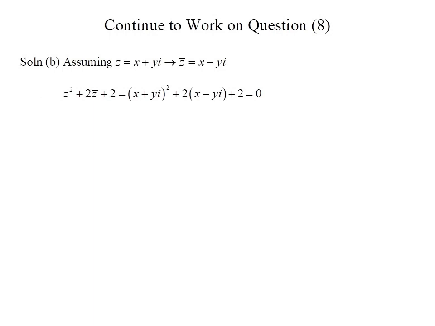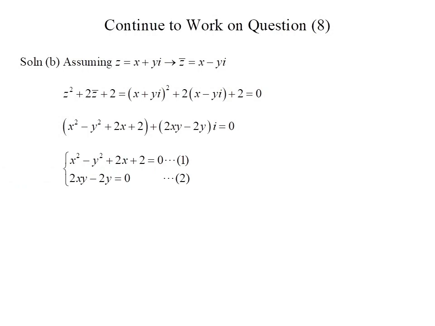Since z squared plus 2 times the conjugate of z plus 2 can be written as (x plus yi) squared plus 2 times (x minus yi) plus 2, the equation is transformed to (x squared minus y squared plus 2x plus 2) plus (2xy minus 2y) i equals 0. Then we equate both the real and imaginary components to 0.